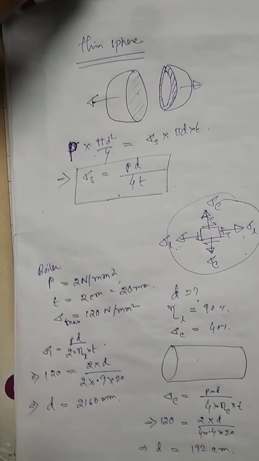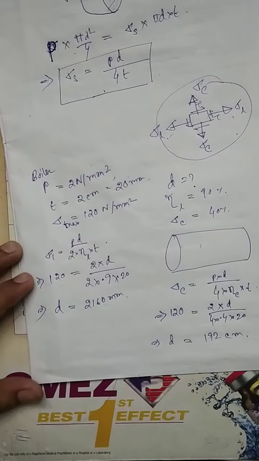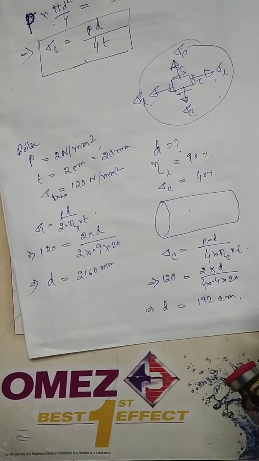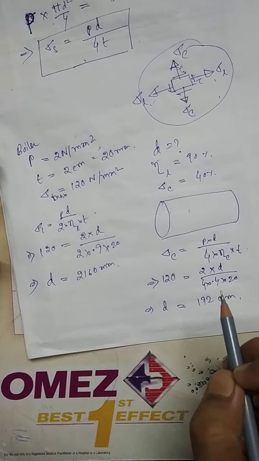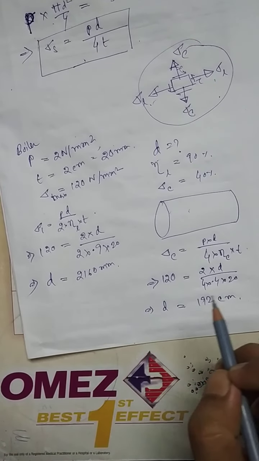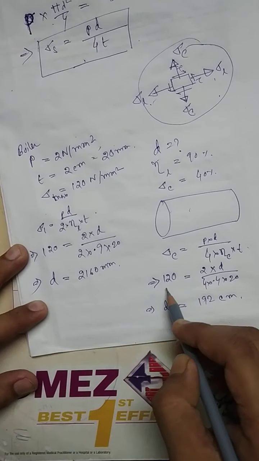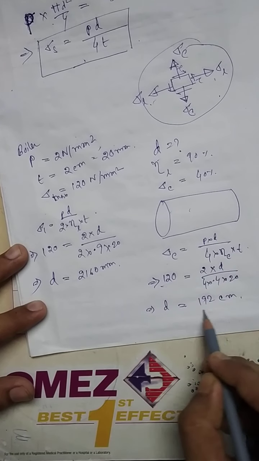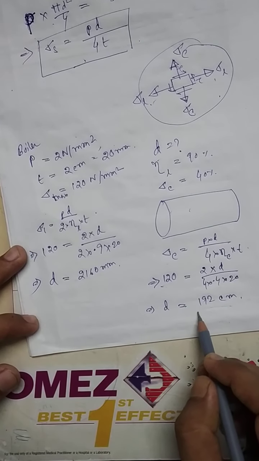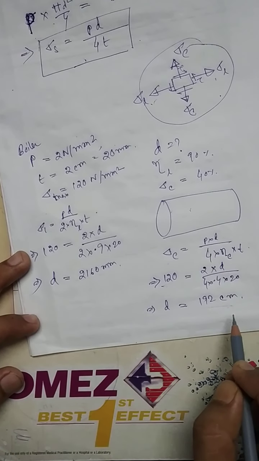Now we know when we solve the problems, we have to design for the maximum stress generated. The circumferential stress generated is always more, so we need to assign the maximum value 120 to sigma c, and then we get the minimum D. So if we take the minimum D of 192 centimeter, then our design will be correct.